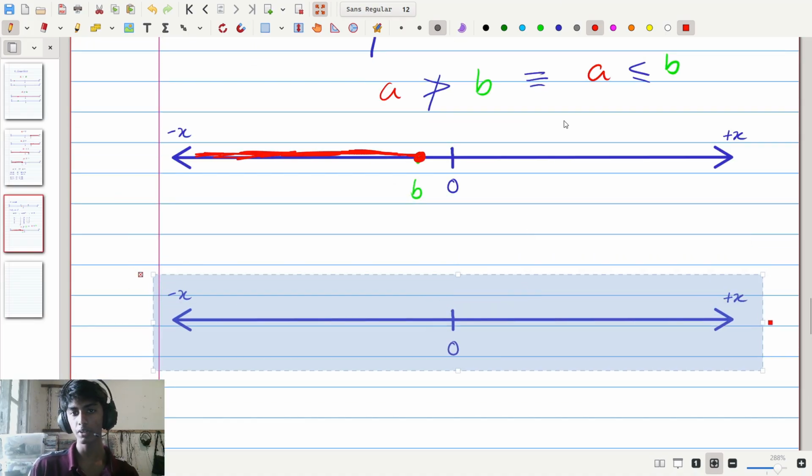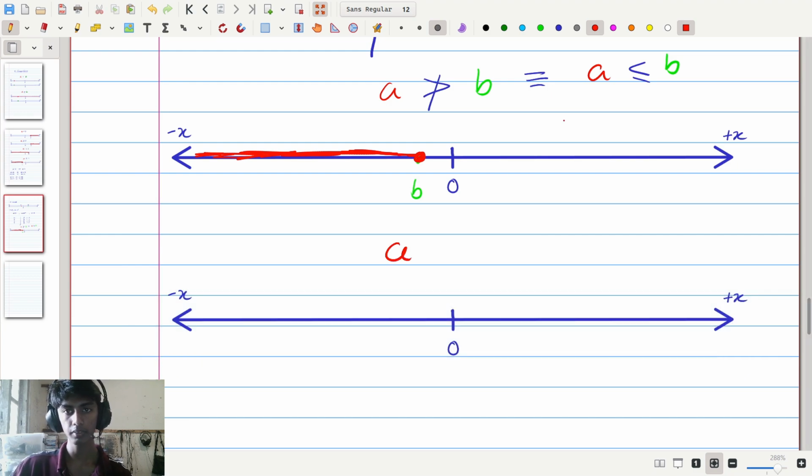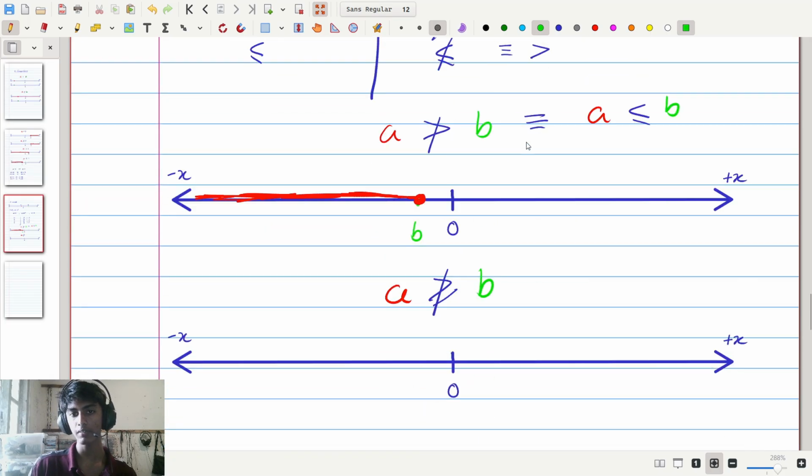Similarly, if we do it for the other three, the next one we have to consider, of course, is that A, the value A, is not greater than or equal to the value B. Now, of course, here again, what we have to do is look at our trichotomy law and see which ones of these are invalidated.